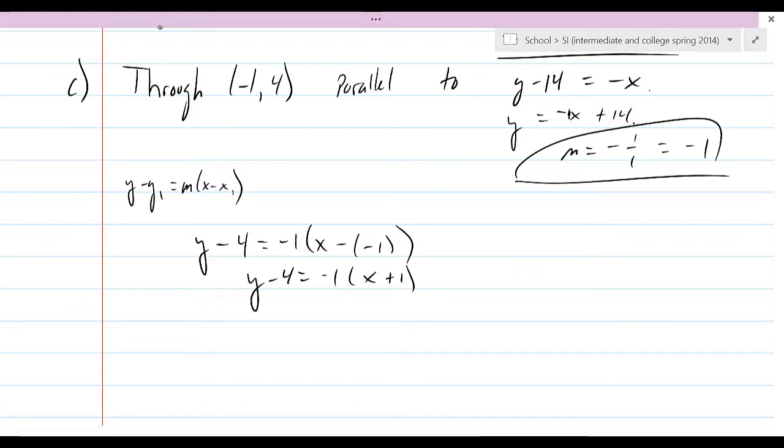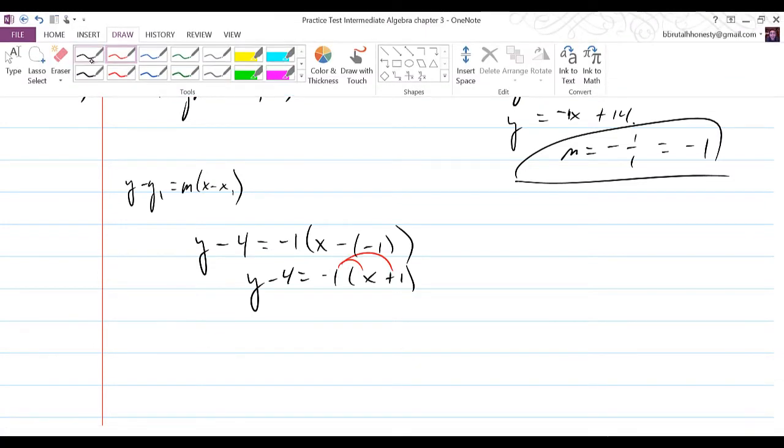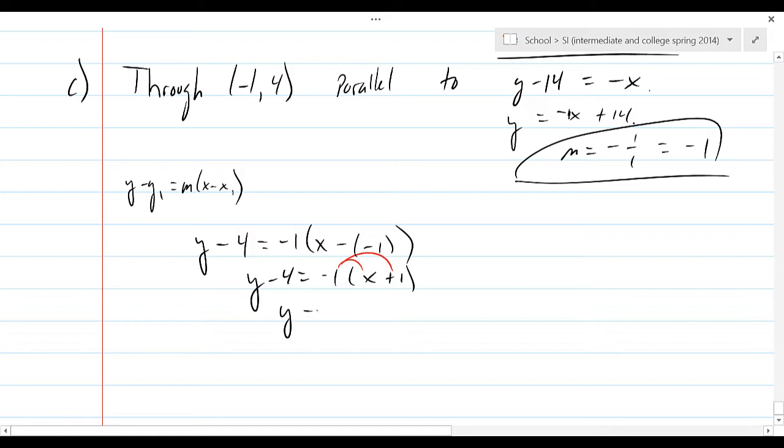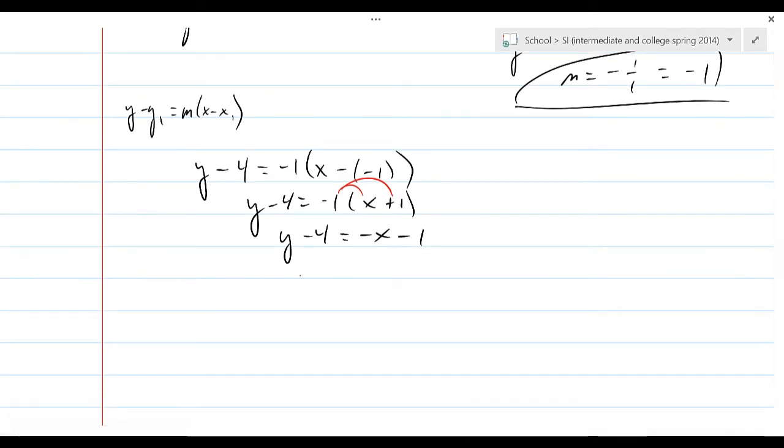Now let's go ahead and distribute this negative 1 into both of those, and so we'll wind up with y minus 4 equals negative x minus 1. Now let's go ahead and add 4 to both sides. Plus 4, so I've got y equals negative x plus 3. Well, that's slope-intercept form.